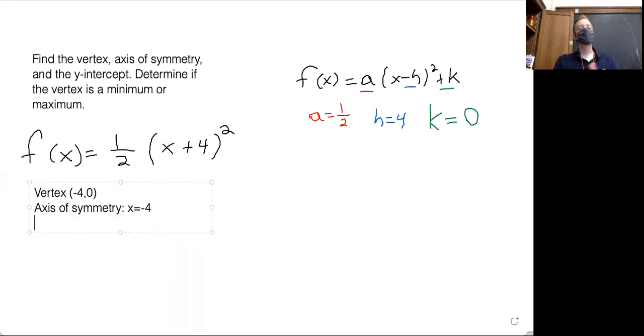Next up, we have to determine whether our vertex is a minimum or a maximum. Well, A is 1/2 right here, so does our graph open up or does our graph open down? Is A positive or is A negative? It's positive, so our graph opens up.